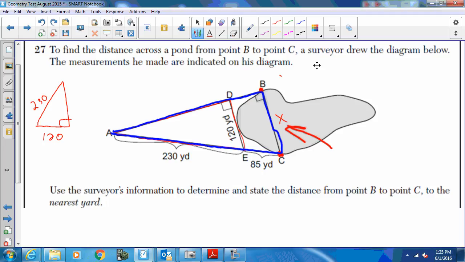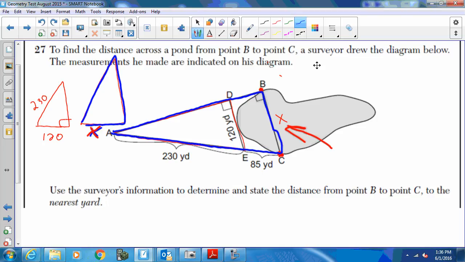And we don't know the backside, but we don't really need to know. We could figure it out, but we don't need that to answer the question. Then we have the blue one, the bigger one. And what we're actually looking for is x down here.